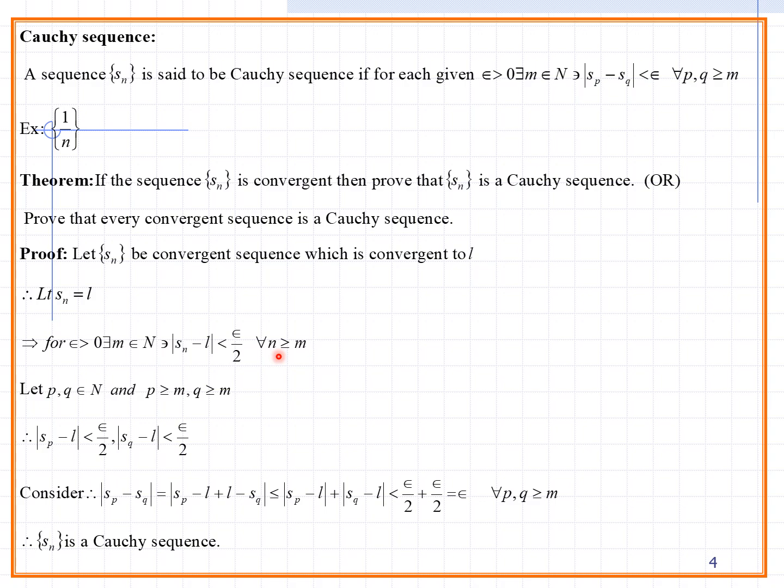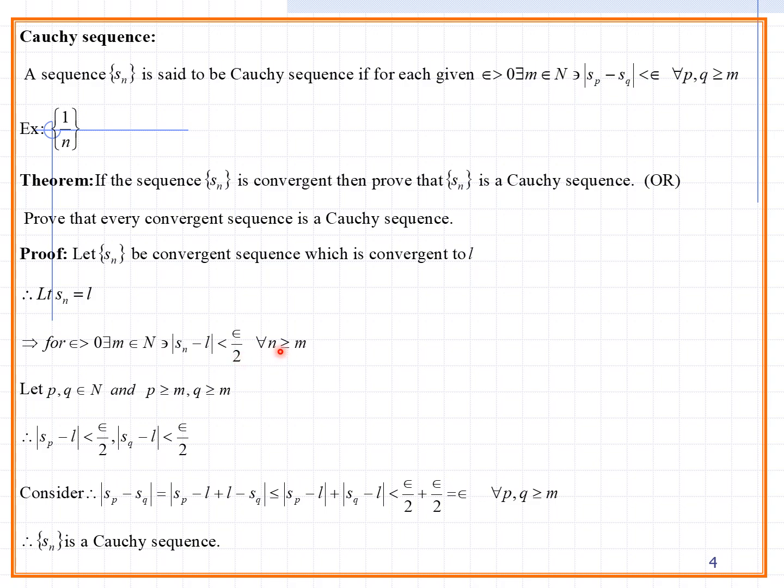You may have a doubt here: convergence means modulus Sn minus L is less than epsilon, so why epsilon by 2? Epsilon is near to 0, so epsilon by 2 is also near to 0. I can take epsilon by 2; the choice is yours. Epsilon by 2 or epsilon, both are the same, no problem.